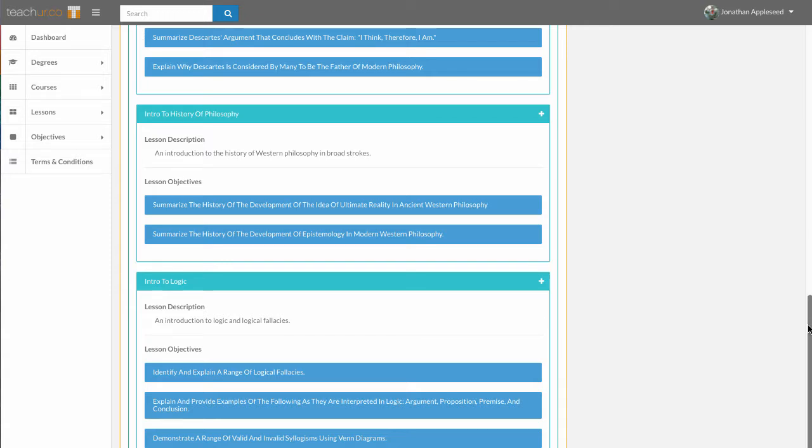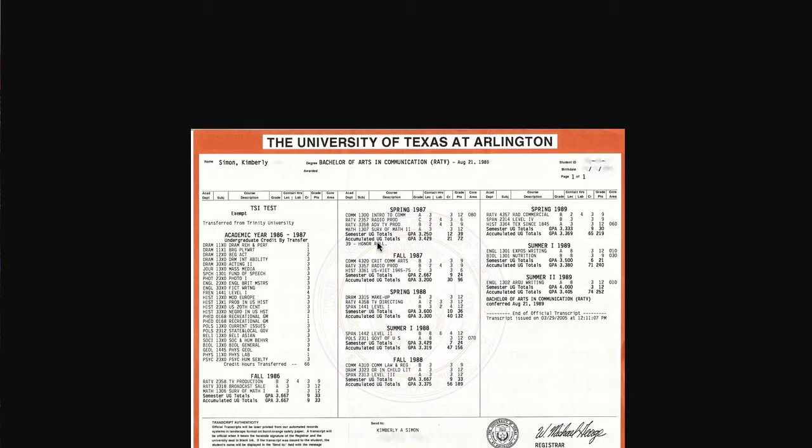So if you step back and think about the difference between this kind of granular documentation of what a student has mastered in the course, it's so much more meaningful than what you get in a conventional educational record. In any of these courses, I don't know what they really learned.